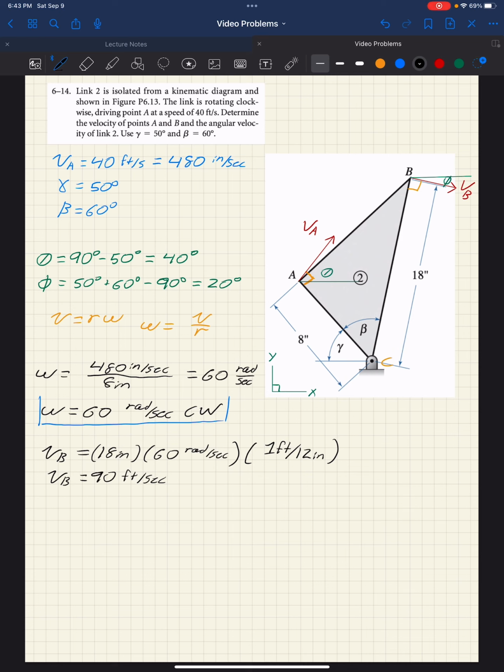Okay, so now we have the magnitude for VB, so we just need to write it out in its full vector format. And we have the angle that it's based off of our x-axis, phi at 20 degrees. So VB is equal to 90 feet per second at 20 degrees.